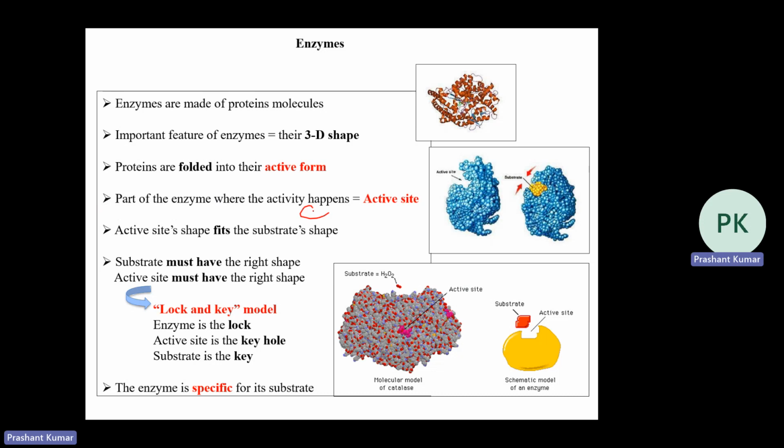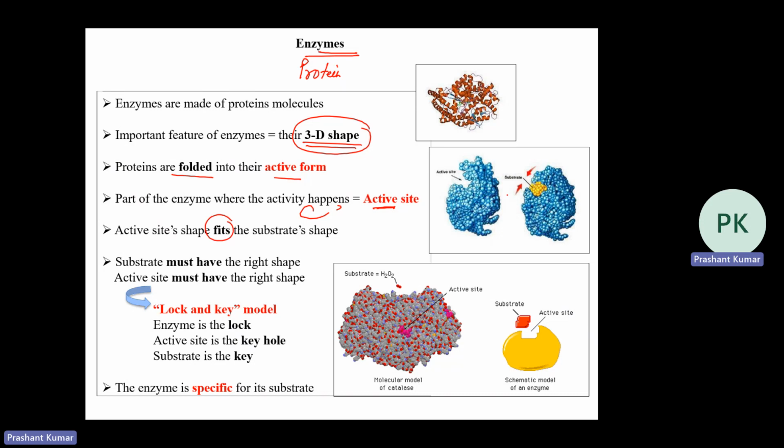Enzymes. So as we know that enzyme is a protein, right? So they must have a 3D shape, and this shape defines function. So the 3D shape is maintained by some folding in the protein that makes the active form, and where that activity takes place on the enzyme, that's called the active site. So the active site shape fits the substrate shape like this.